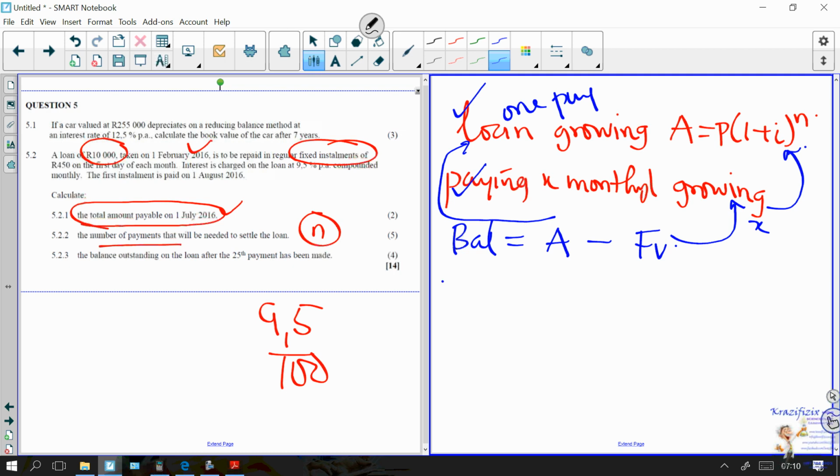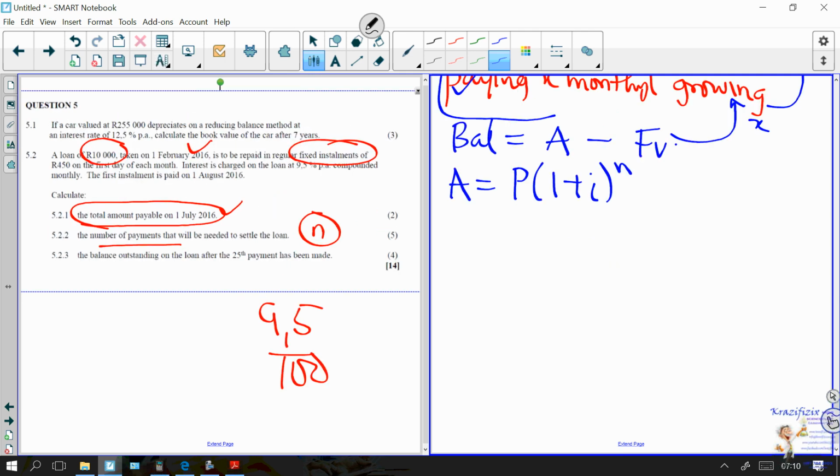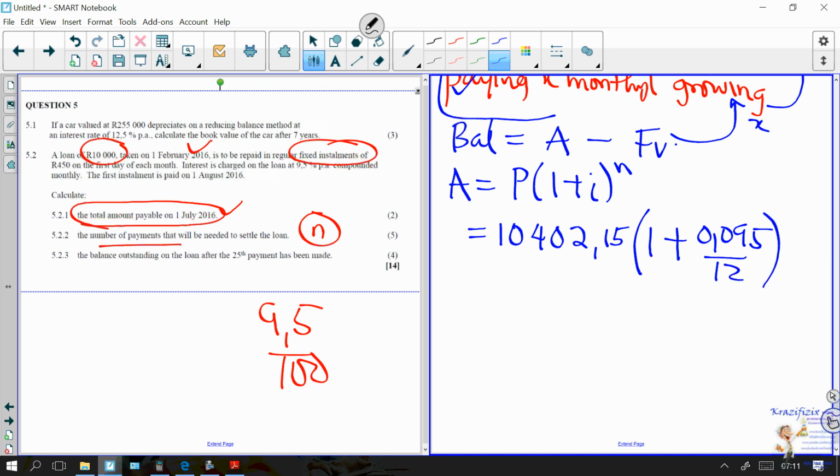So look at what my solution would be. The balance, I think we can get A first because of space. A equals P, 1 plus i, to the n. I'm going to do this in two ways. What is my P? Remember, I started paying when the amount was 10,402.15, but it is still growing. The question says after the 25th payment, so it's growing.